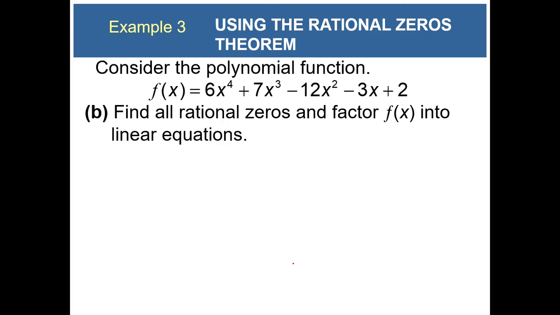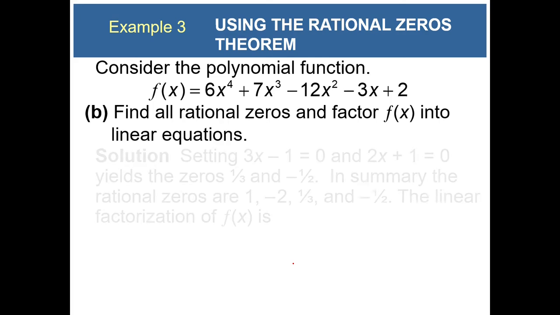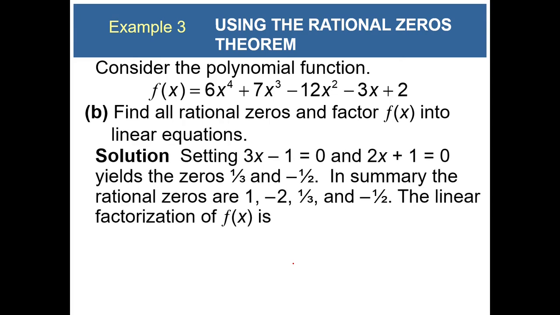So if we want to find the rational zeros and factor f of x into linear equations, we can start by setting each of our factors 3x minus 1 equal to 0, 2x plus 1 equal to 0, and that yields the zeros 1/3 and negative 1/2. So in summary, the rational zeros are 1, negative 2, 1/3, and negative 1/2.